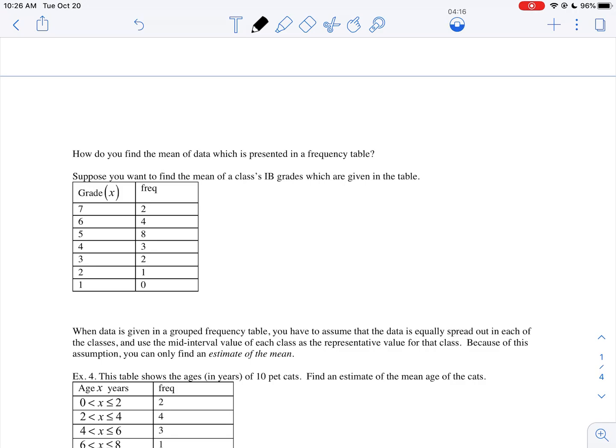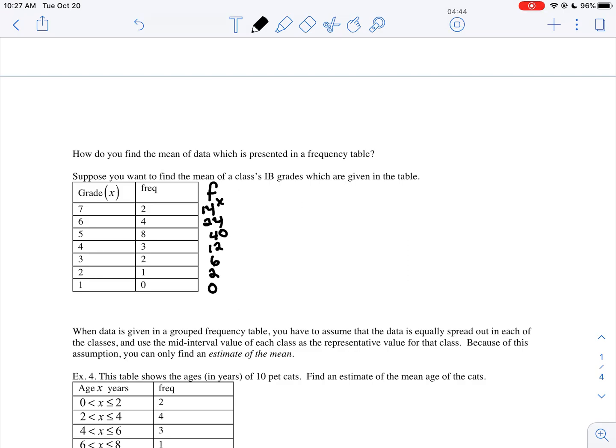On the IB, you're going to get a grade of 1 to 7 if you're an IB diploma student. What we're going to do is called f times x, and you take the grade times the frequency. So that's 14, 24, 40, 12, 6, 2, and 0.